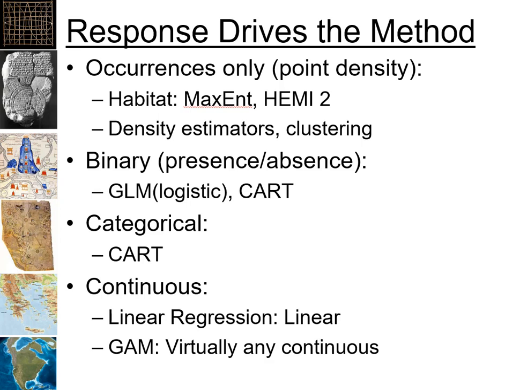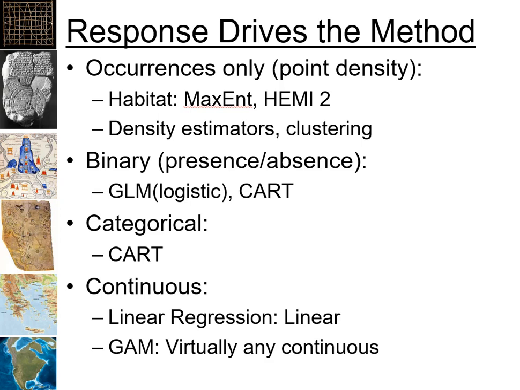If you have binary data, presence, absence, you're probably going to want to use a GLM with a logistic response. You might use CART, and we'll talk about why when we get into that, but most likely it's going to be a GLM. And then categorical data, you'd probably use a tree method, which is the CART, categorical and regression trees.